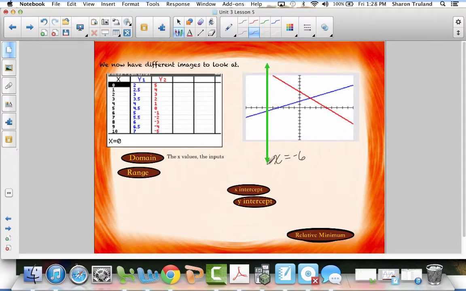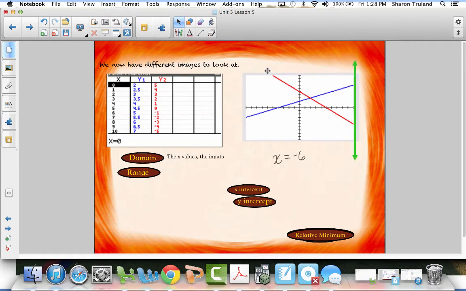Does the x value of negative 6 cross the red line? Sure, way up here. Does the x value of the blue line, does x equal negative 6 cross the blue line? Yes. Is there any x value that it won't cross?